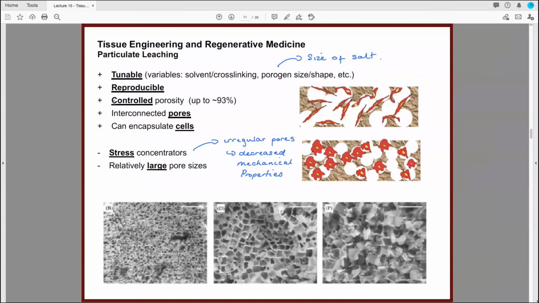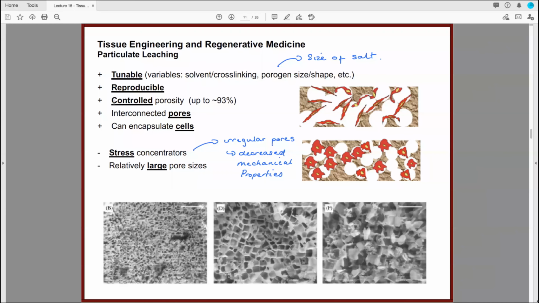Now, one of the issues is that you can have stress concentrators. Stress concentrators are these irregular shaped pores, and they result in stress concentration and decreased mechanical properties. And that's due to the lack of interconnectivity between pores. So as you can imagine, not all the pores are created the same way in space.